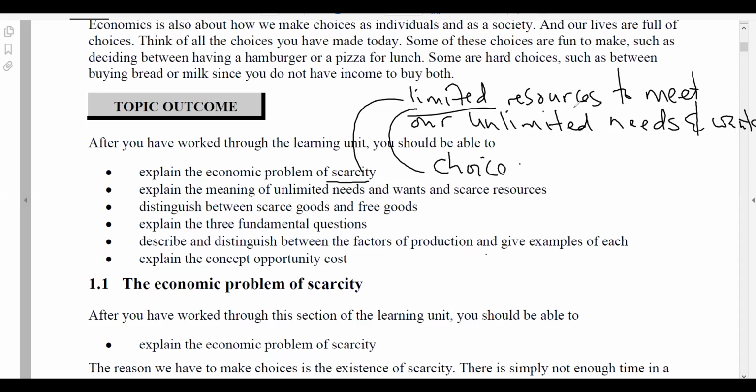We have mentioned land before. Land is a resource which is limited. We're going to make a choice between maybe growing food on the land, or putting up an office block, or what other purpose can we use the land for?